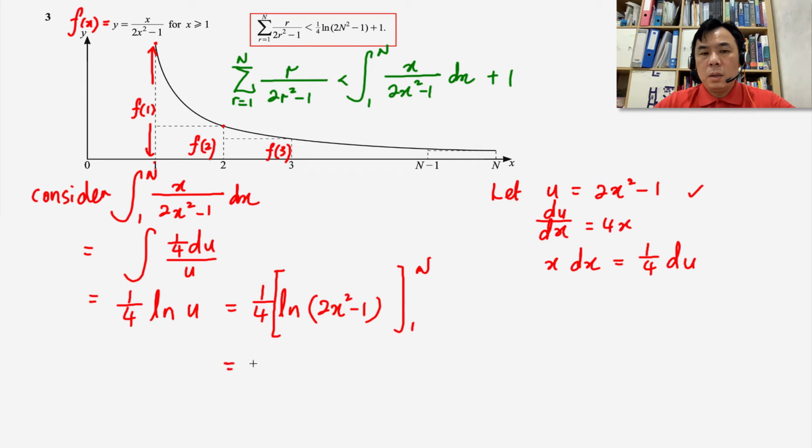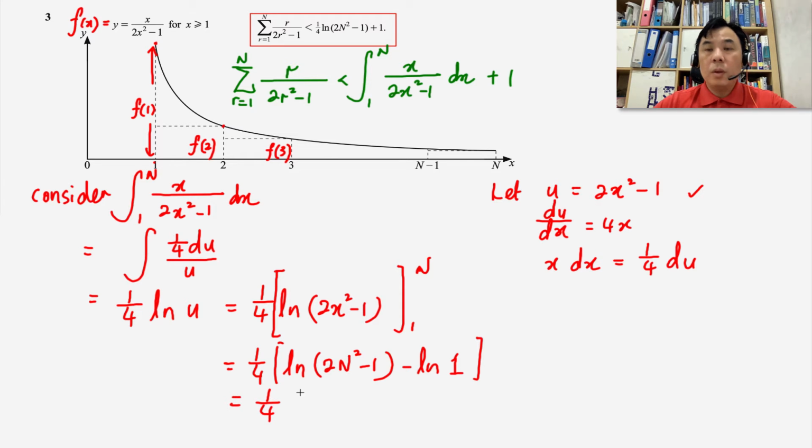We do that by substituting n first. We have ln(2n squared minus 1) minus ln 1 inside, so this is 2 minus 1, which is a 1. At the end of the day, we have 1/4 ln(2n squared minus 1). That is the integration that we are looking at here.